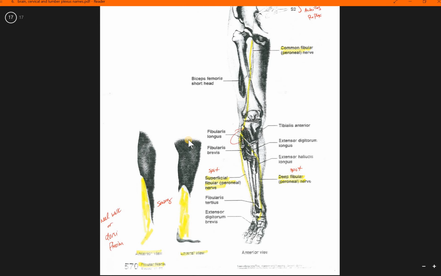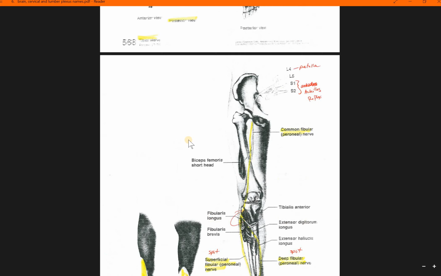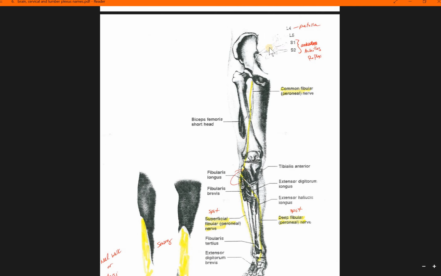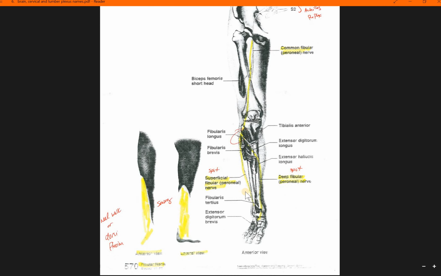Fibular nerve. Okay, the fibular nerve comes out of S1, S2, and goes all the way down. Now, if you look at the anterior and lateral view, this is more the fibular nerve area. Just think of where the fibular bone is, so that lateral leg part.